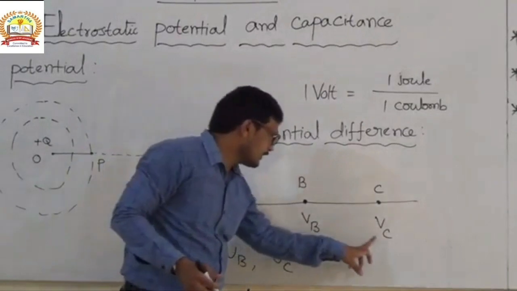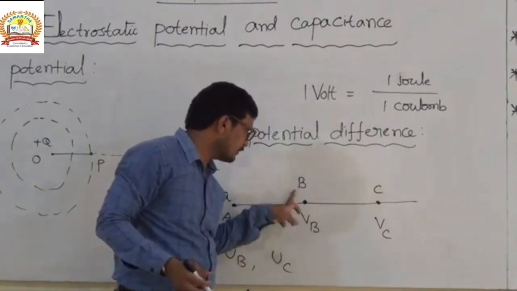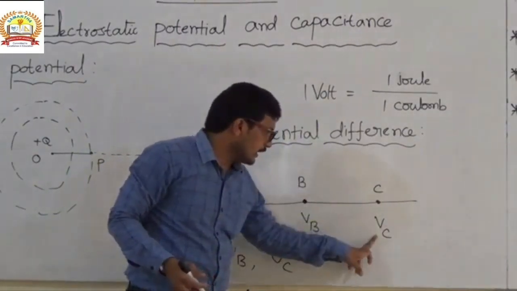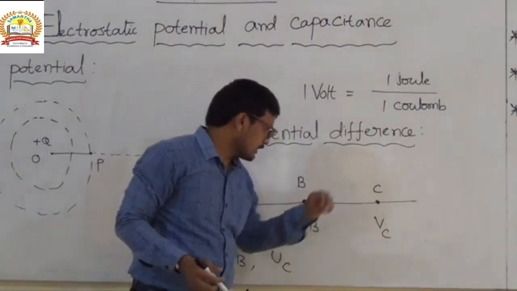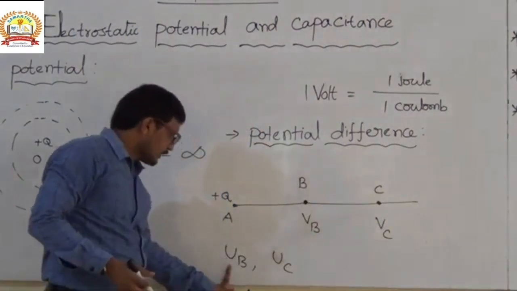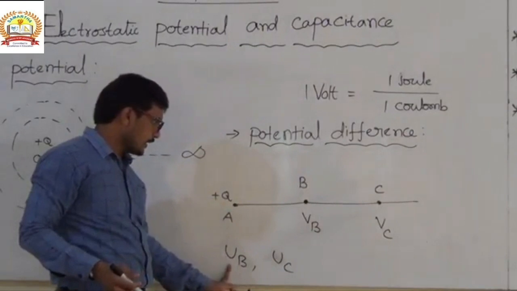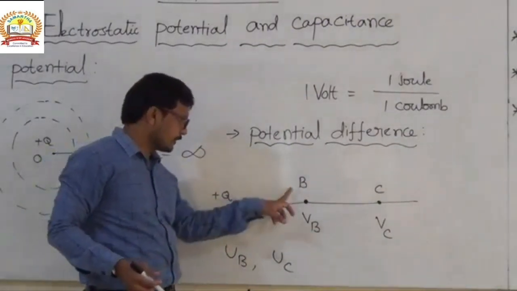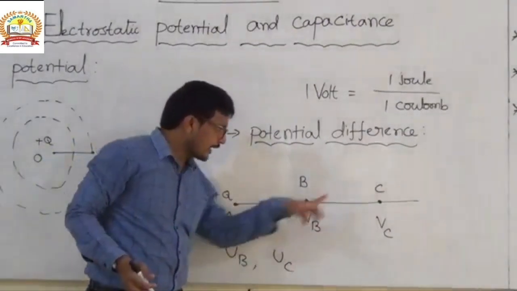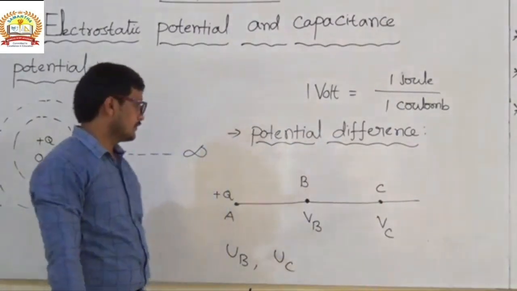So VB and VC are the electrostatic potentials at points B and C, and UB and UC are the electrostatic potential energies at points B and C.